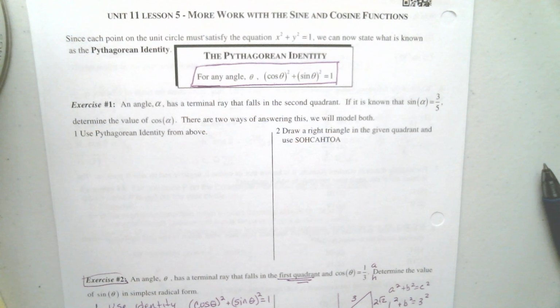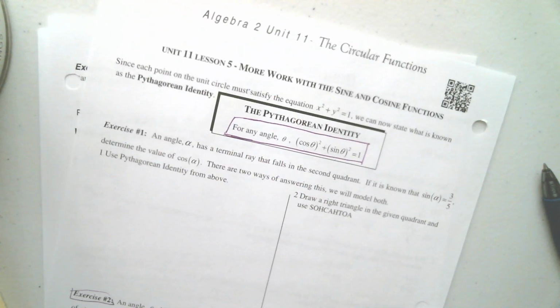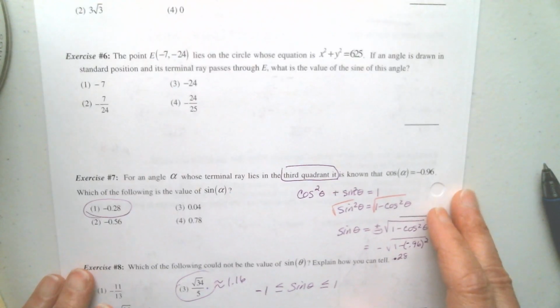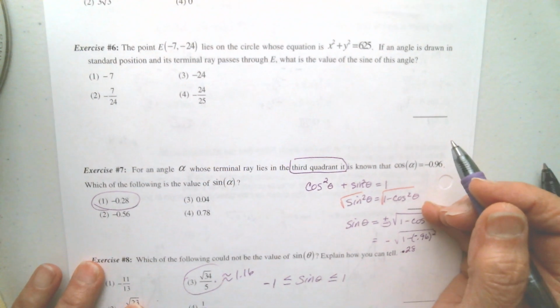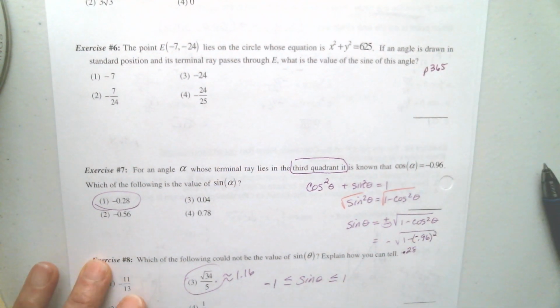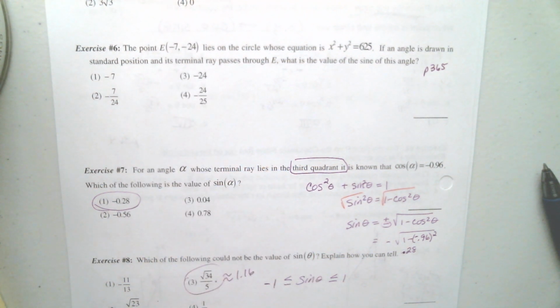And our last exercise, I believe, is page 365, number 6. This is page 365. The point E, (-7, -24), lies on the circle.